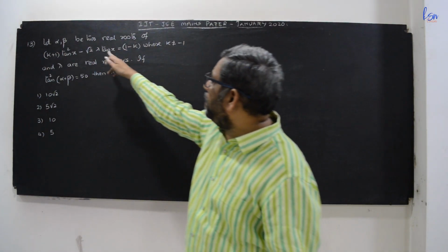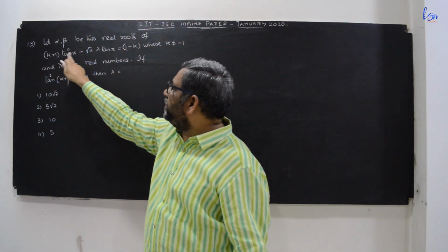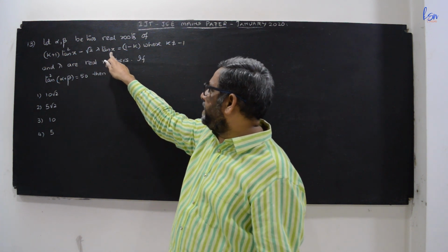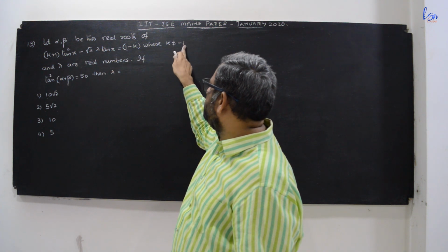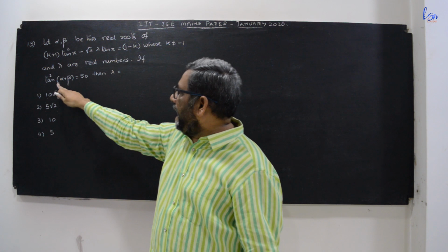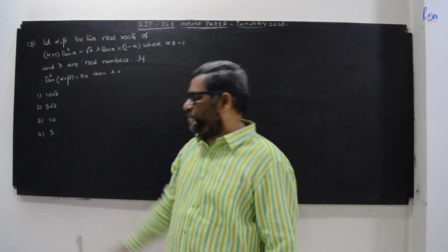Next problem. Let alpha comma beta be two real roots of k plus 1 into tan square x minus root 2 lambda tan x is equal to 1 minus k, where k not equal to minus 1 and lambda are real numbers. If tan square alpha plus beta is equal to 50, then lambda equal to.